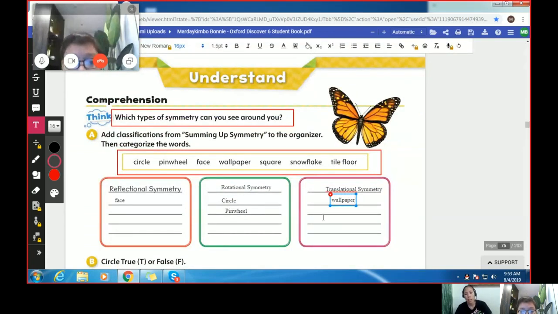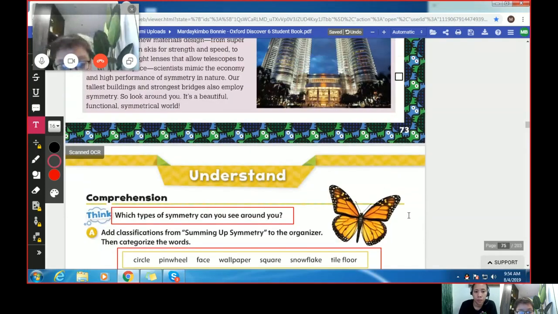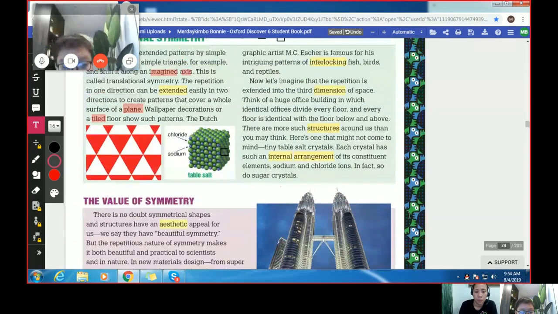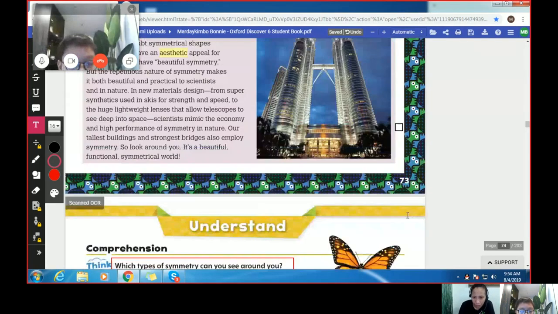Okay. Next. Square. Square is in translational symmetry too. Yes, it is.